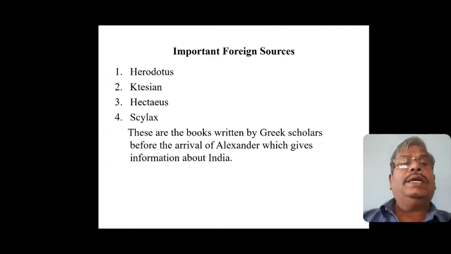These were the four Greek scholars who wrote about India in their works before the invasion of Alexander. These books helped others to know about India, and it created interest among the rulers to invade India. This can be the most influence of a book because it helps us to understand about India.